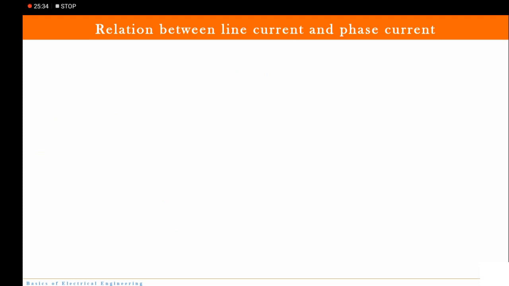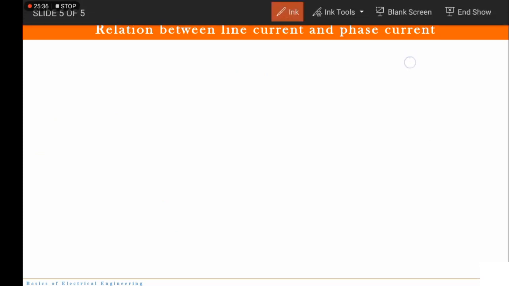Now if you talk about star connection, now I have connected a resistor, let this be anything, but this is a kind of series connection, right? Because only one end is connected together, so this is a kind of series connection, and I know that in series connection the current is same.